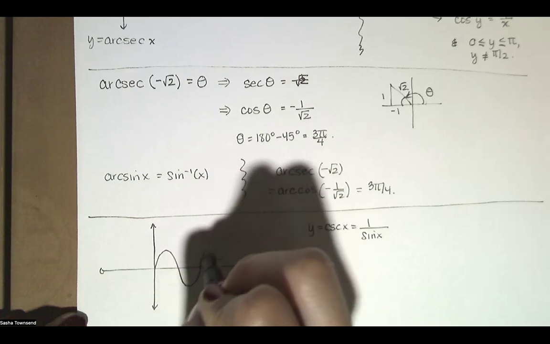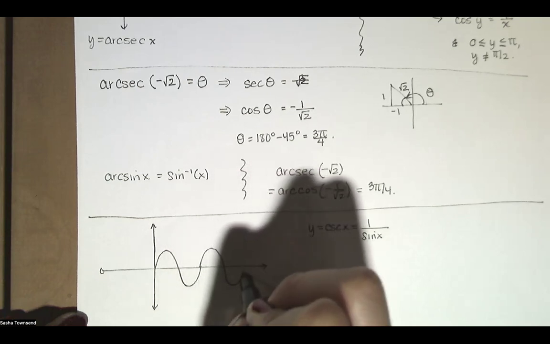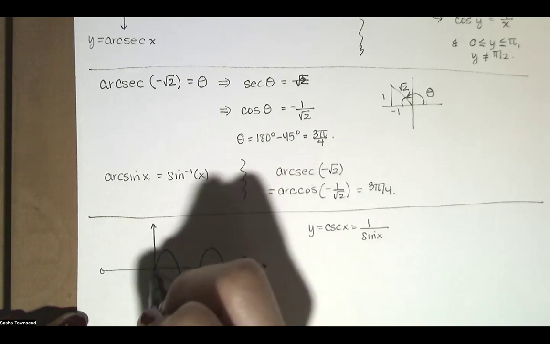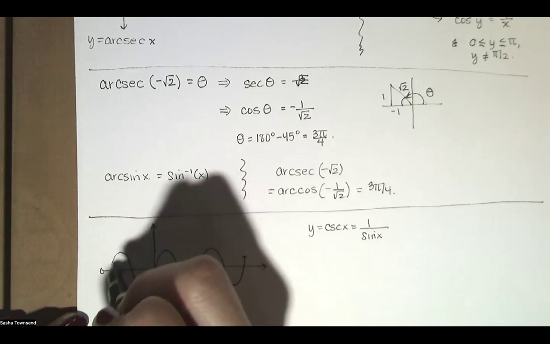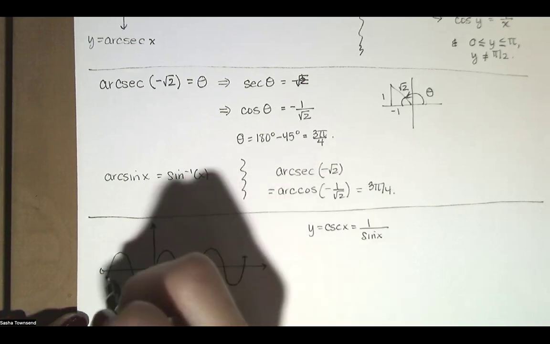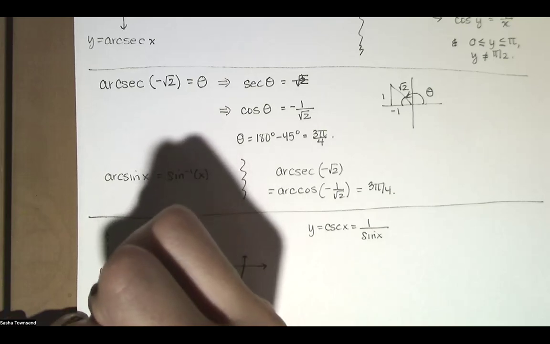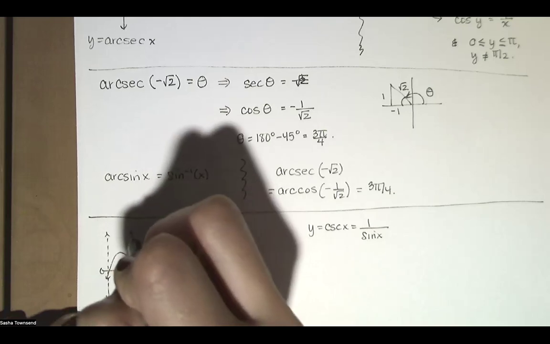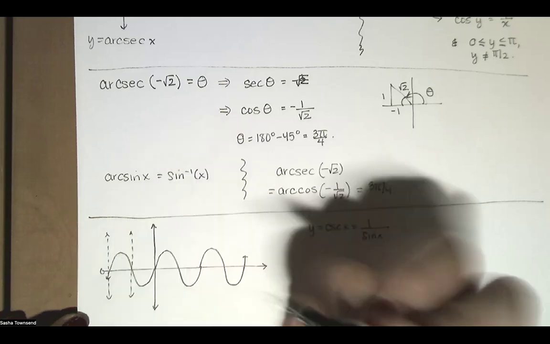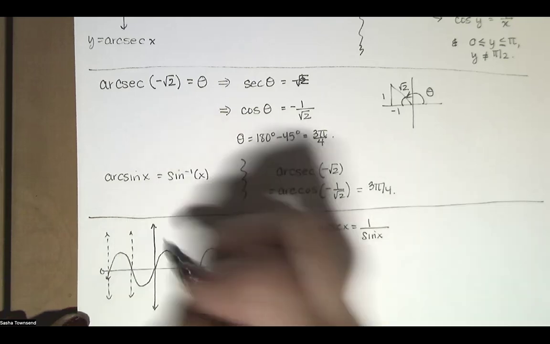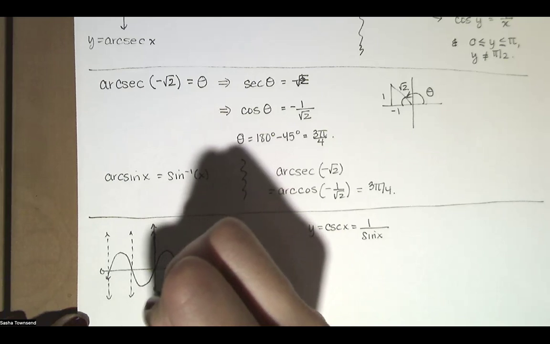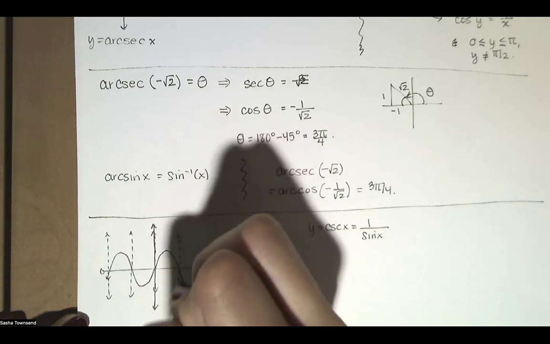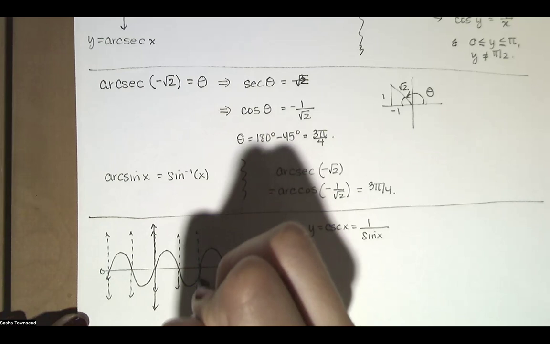Sine looks like that and it repeats. Now, cosecant is undefined whenever sine is 0. So cosecant is undefined at all of the multiples of pi, because sine is 0 at all the multiples of pi.